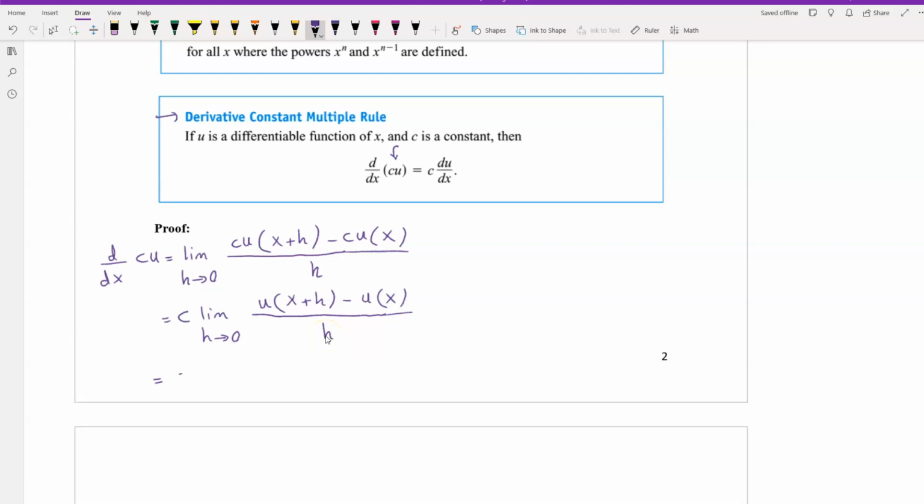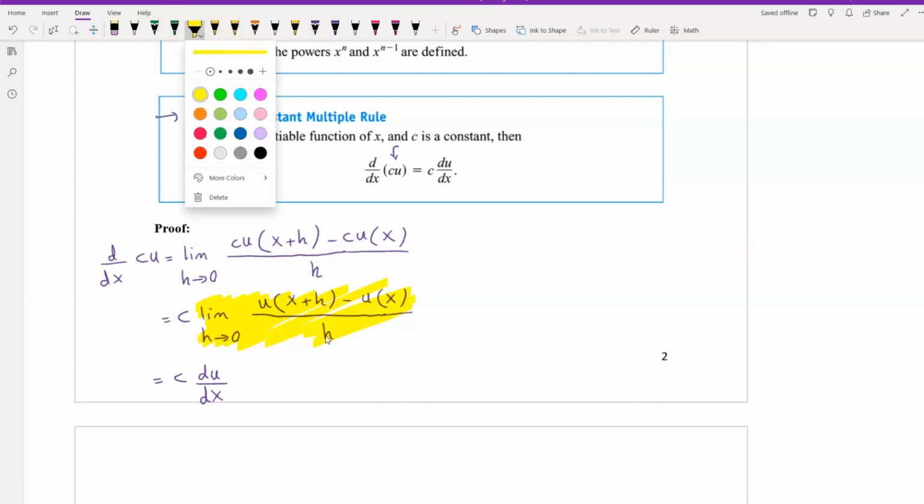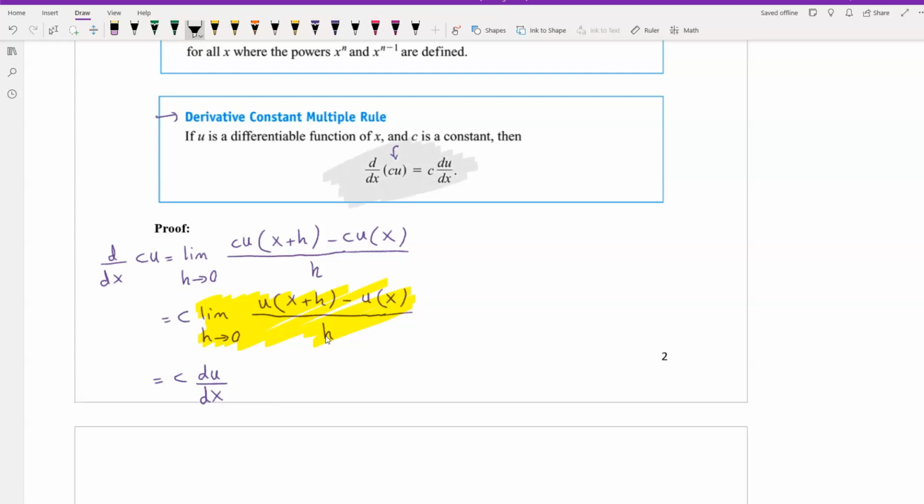So this is equal to c times what this part is, that is the derivative of u with respect to x. So this may be proved, what we had here on this part.